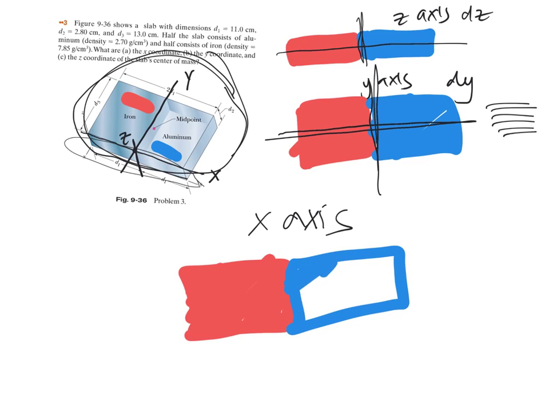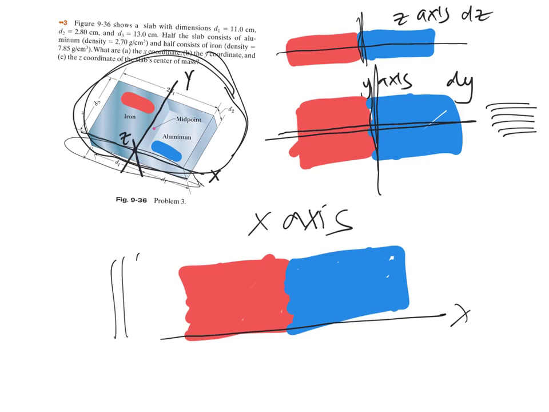This is the top view still, but this time our axis is going this way. So this is the x-axis. Therefore, our partitions are going to look like this.